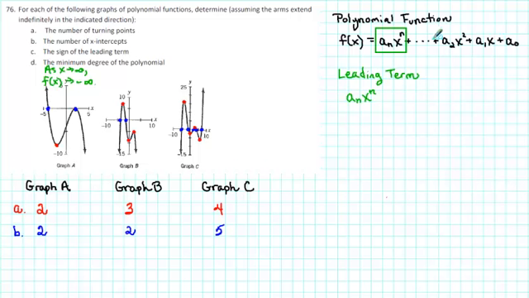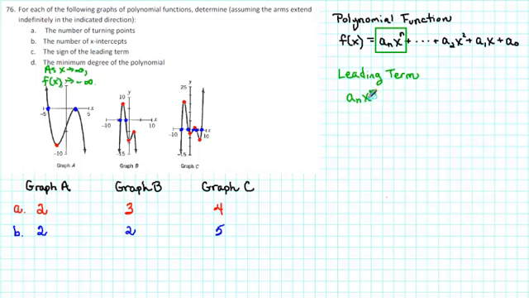As x goes to infinity, the leading term will dominate. In other words, its absolute value is going to become much larger than the absolute value of the sum of the remaining terms. Therefore, to determine the sign of the leading term, all we really need to do is just investigate the leading term. We know that x is going to positive infinity.